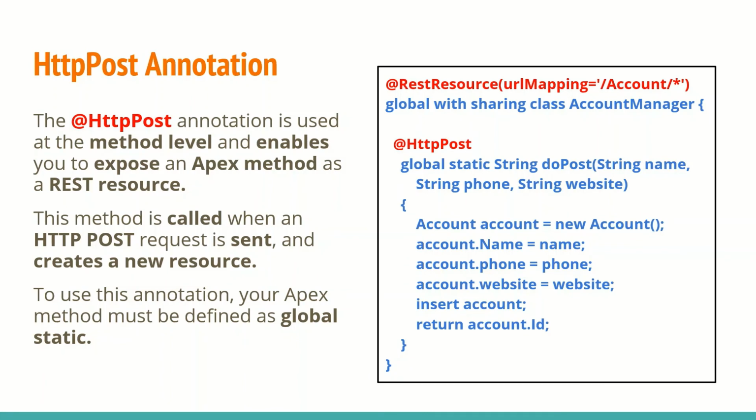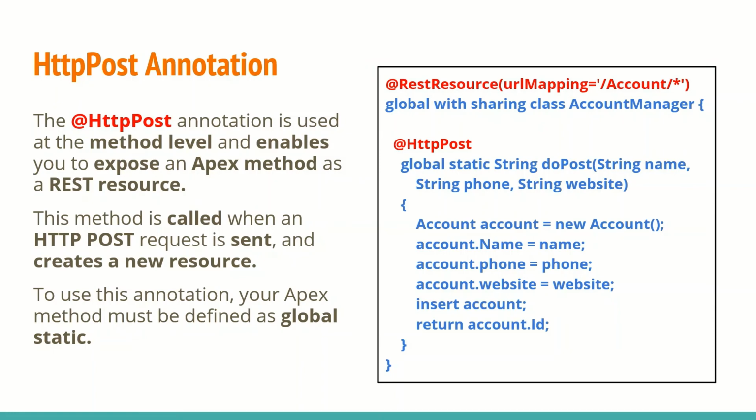In the same manner, we have the HTTP post annotation. As its name suggests, this method is called when an HTTP post request is sent and creates a new resource. So post is basically to create a new record in the system. As you can see, the method should be global and static, and there will be a REST resource, the URL mapping where it wants to hit or where it will get the data from.